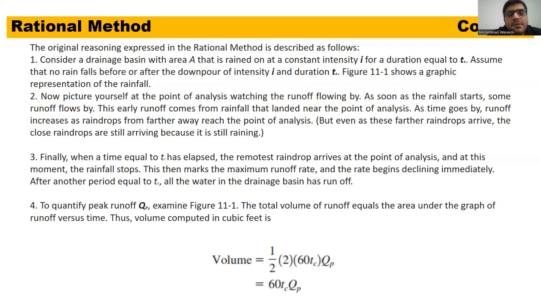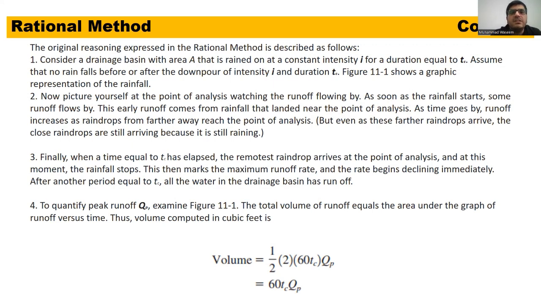So finally, there will be a time equal to the time of concentration. The remotest raindrops arrive at the point of analysis, and exactly at that moment, the rainfall stops. This makes the maximum runoff rate, right? Because the water from the remotest points reaches the point of analysis, and exactly at that point, the rainfall stops.